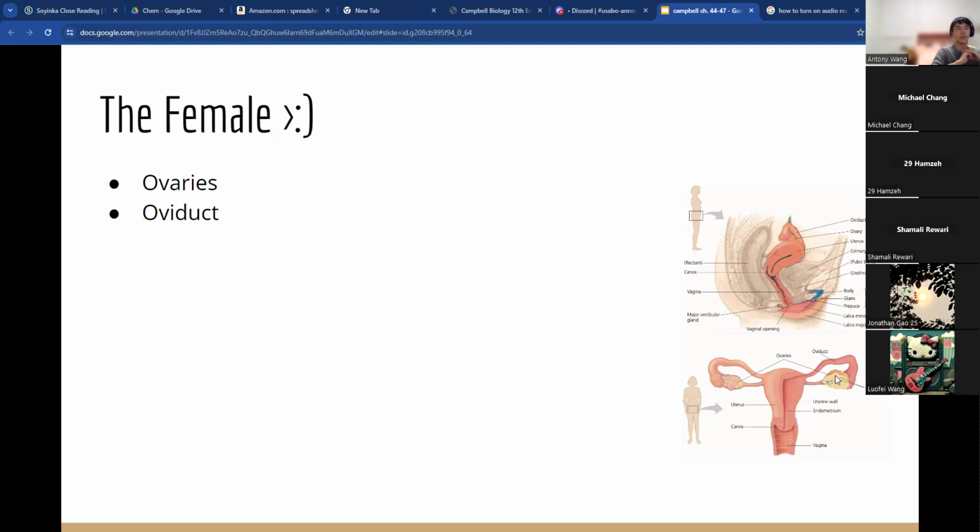A follicle basically houses a dormant female gamete, and every month, one of the follicles ruptures and releases an egg that goes through the oviduct.